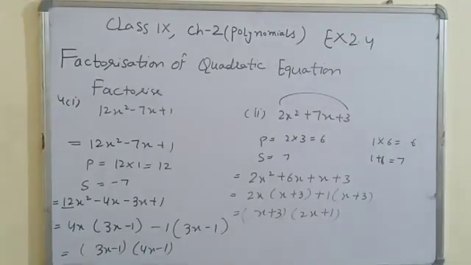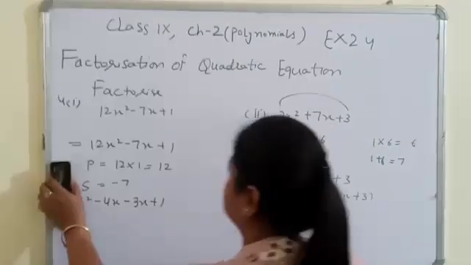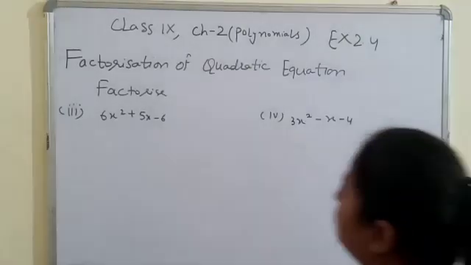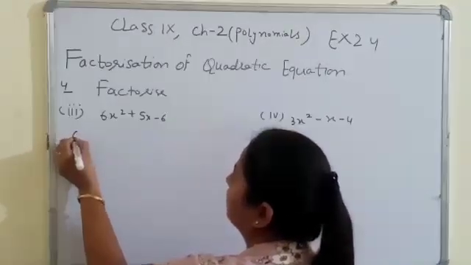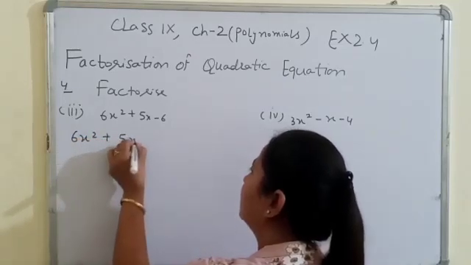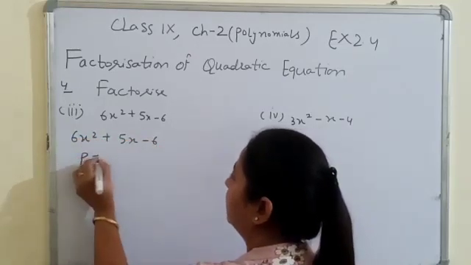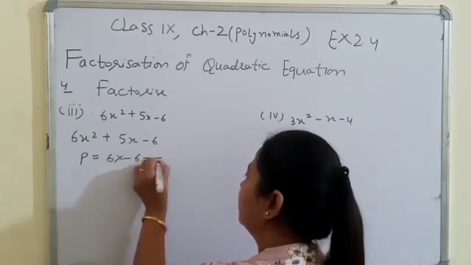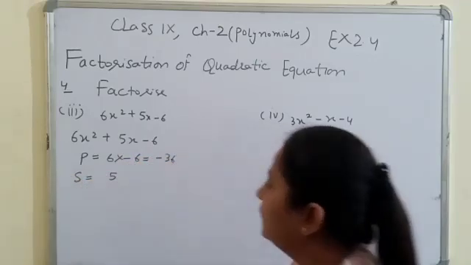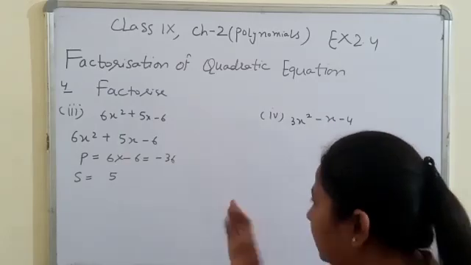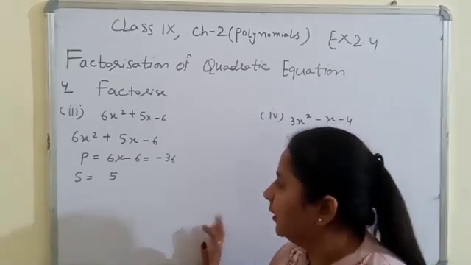Similarly, we will do parts 3 and 4. So part 3 of question 4: 6x square plus 5x minus 6. Let's see their product. 6 and minus 6, it is minus 36, and sum is plus 5. So while we are making the factors of 36, we have to take care.